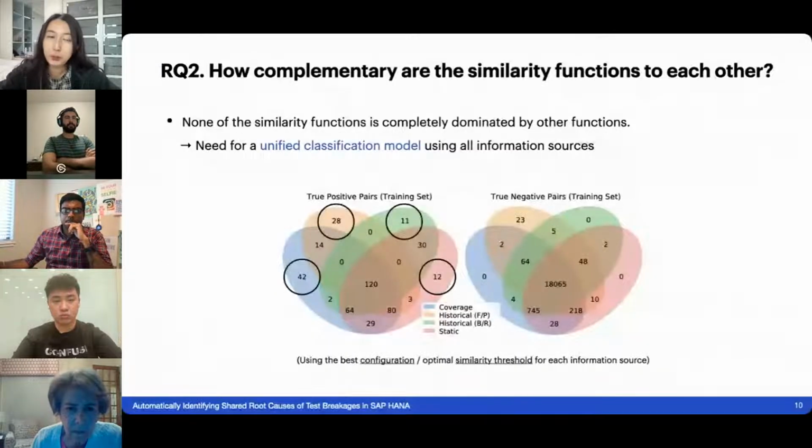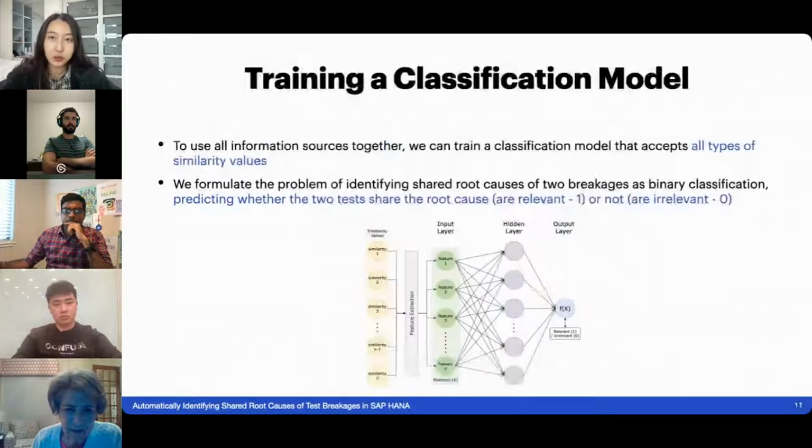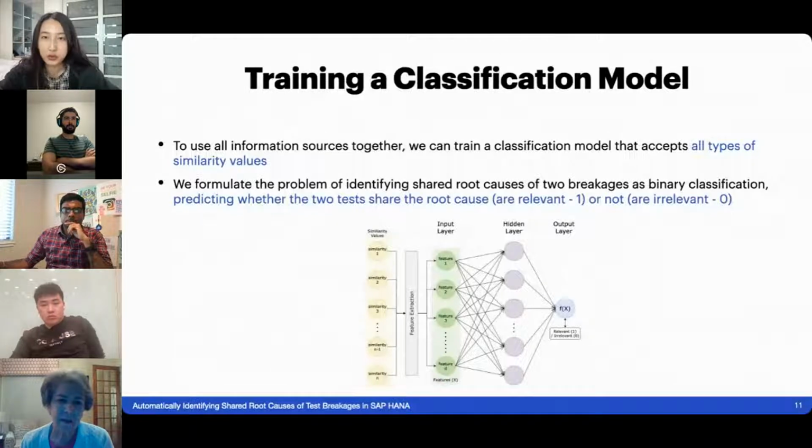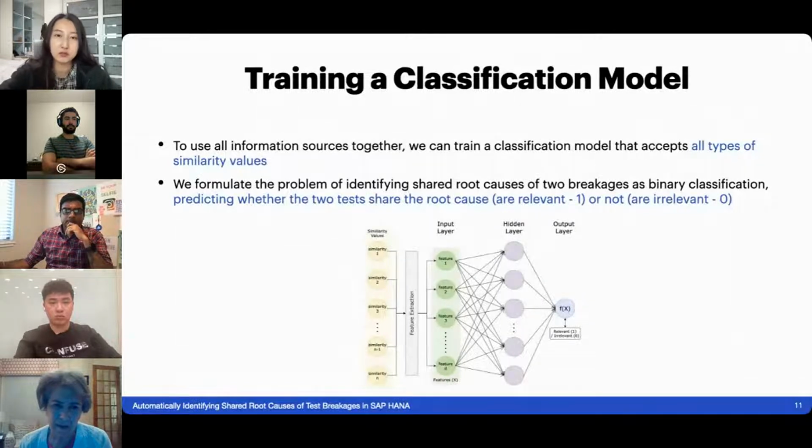In the actual classification scenario, we need to set a fixed similarity threshold. However, the learned threshold from the training data does not generalize well to the test data, and this could be a limitation of using a single similarity function individually. If we compare the Venn diagrams of correctly classified pairs, they are in fact complementary to each other. So now we can think of using all information sources together. To do this, we train a classification model that accepts all the similarity function values and predicts the binary labels indicating whether the two tests share the root cause or not.